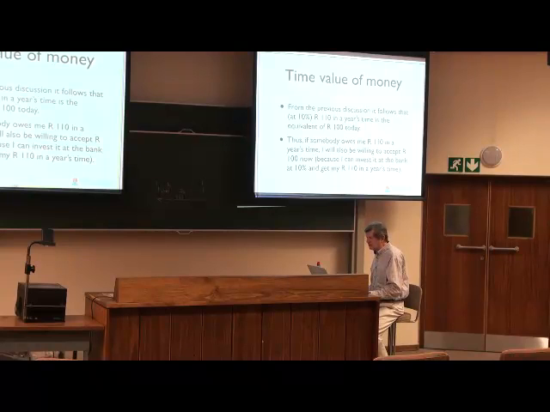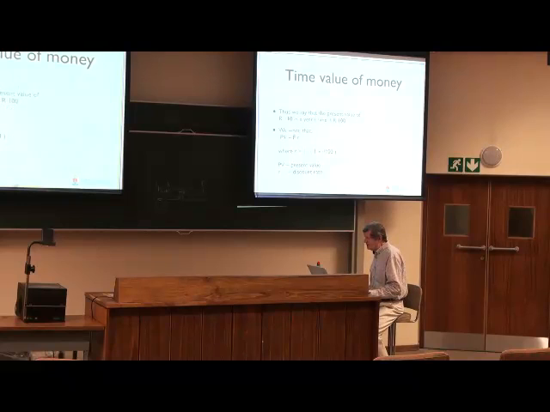I can have 100 Rand today and invest it at the bank and I will have 110 Rand. Or somebody can give me 110 Rand in a year's time, or 100 Rand now, and I'm happy both ways.